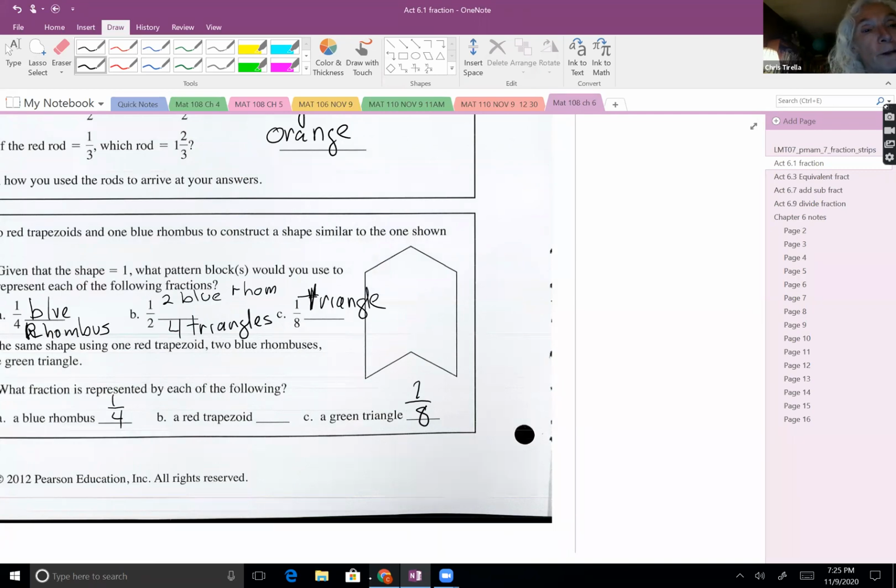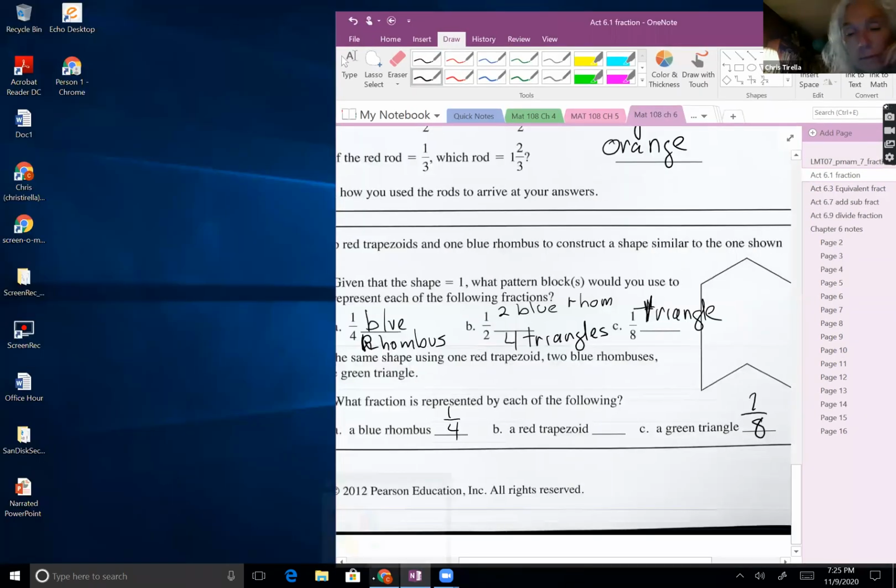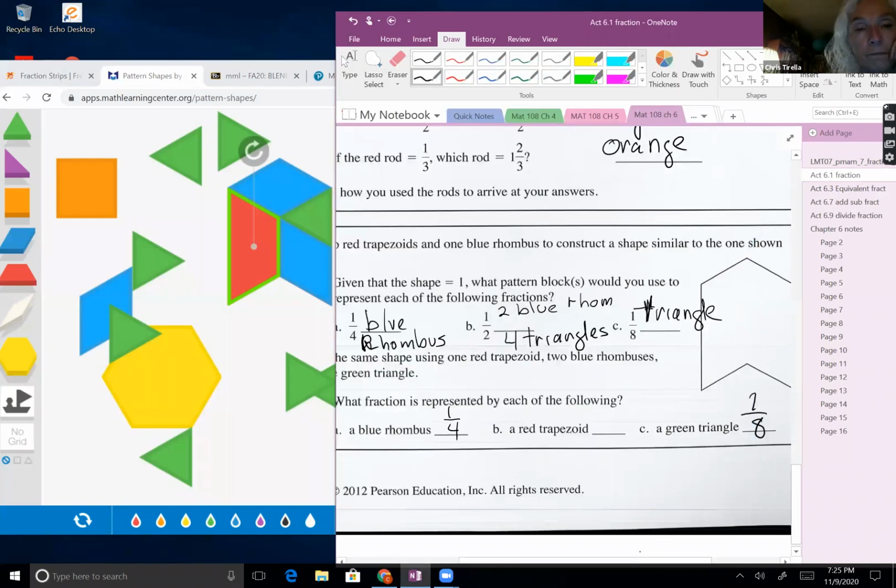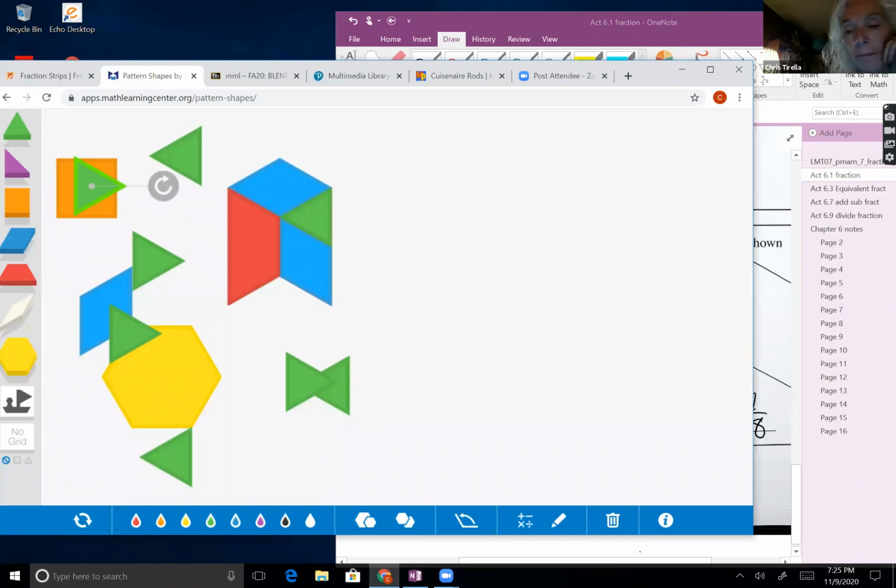I'm waiting. What fraction would that be of this entire shape?